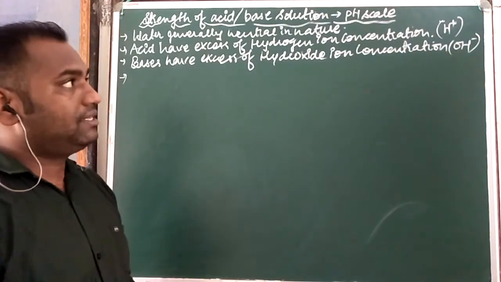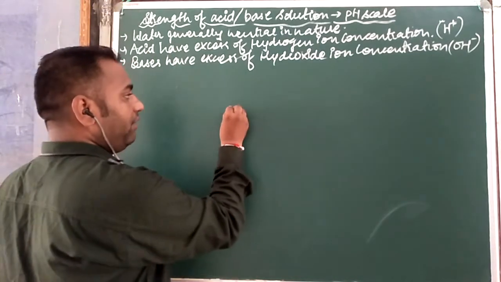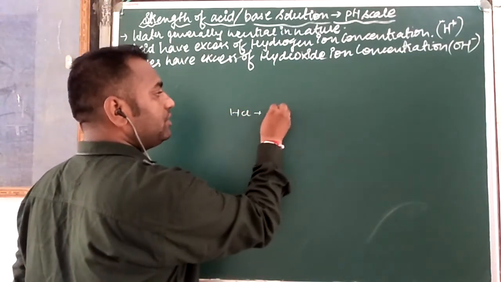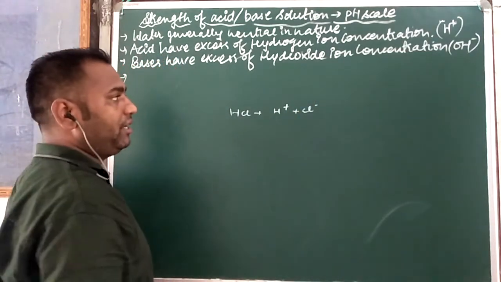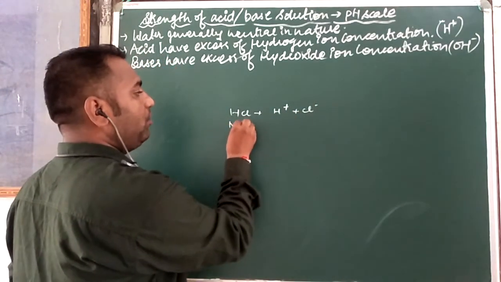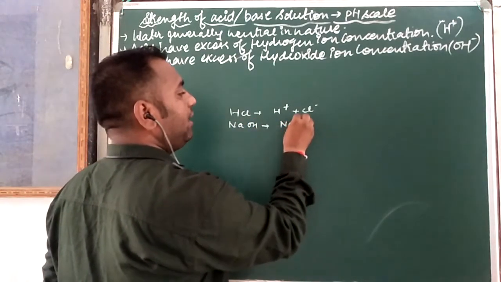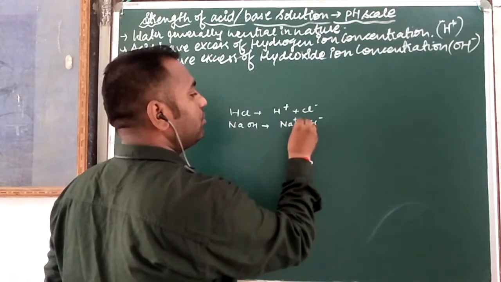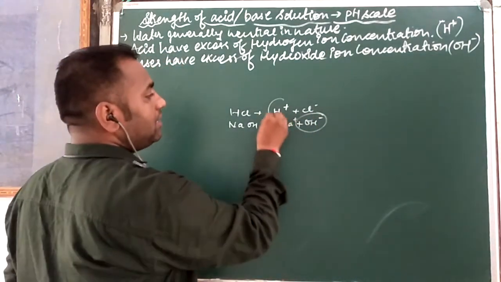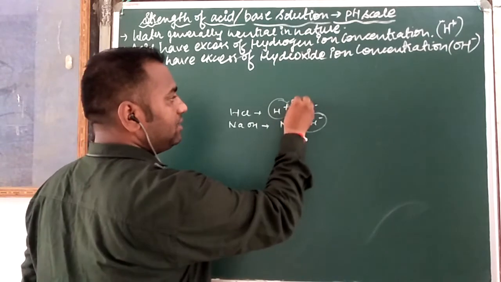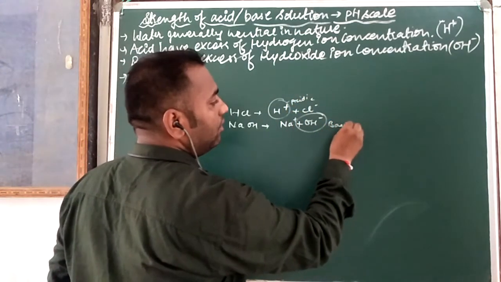For example, when HCl dissociates, H plus and Cl minus form, and when NaOH dissociates, Na plus and OH minus form. So OH minus shows the basic nature, and H plus shows the acidic nature.